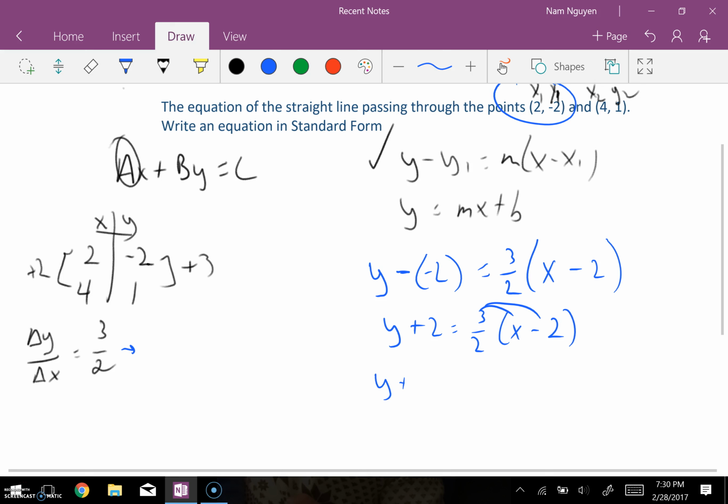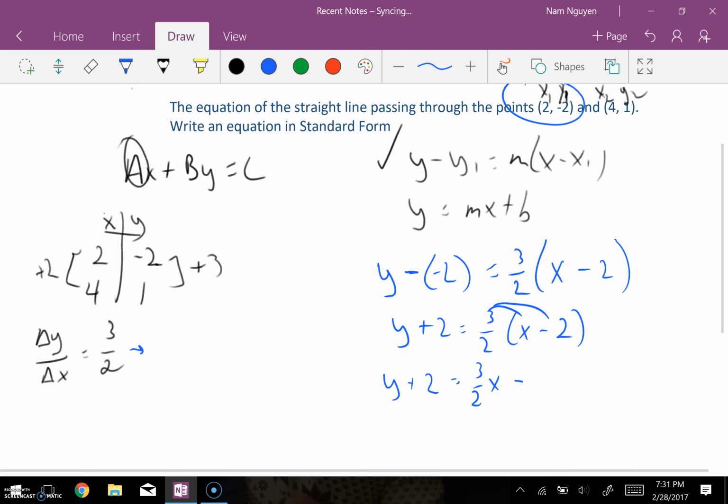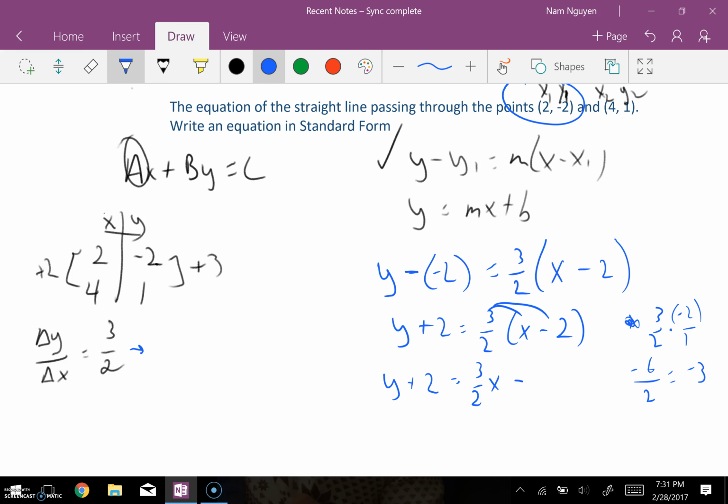So I have y plus 2 is equal to 3/2 x minus, well, 3/2 times -2 over 1 is -6 over 2, which becomes -3, right? Because I'm multiplying fractions, I'm multiplying straight across.